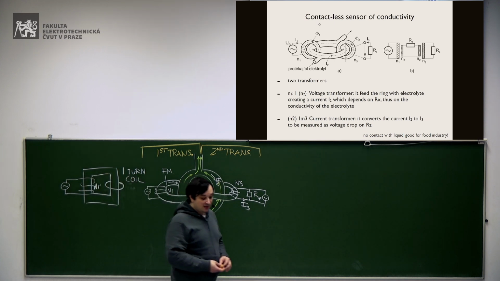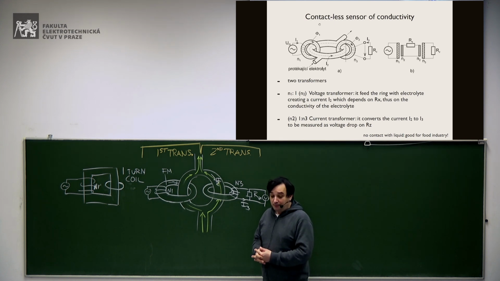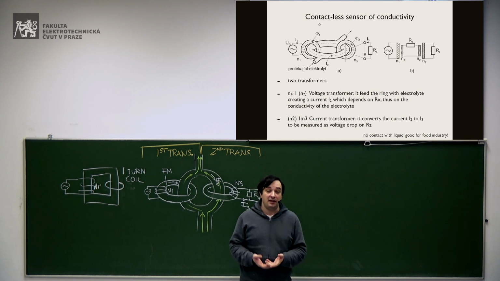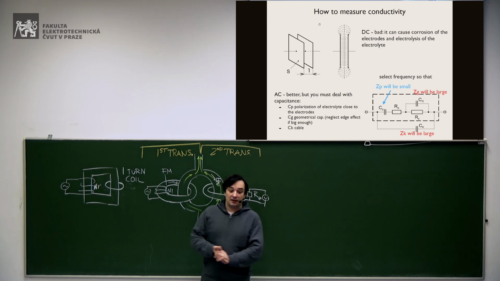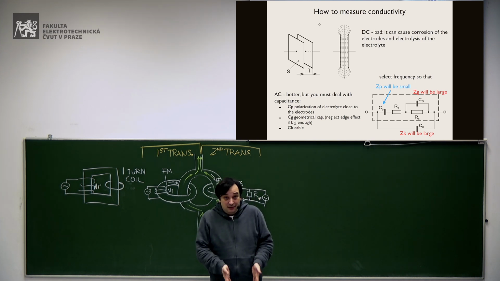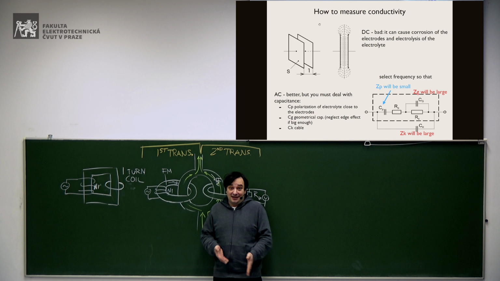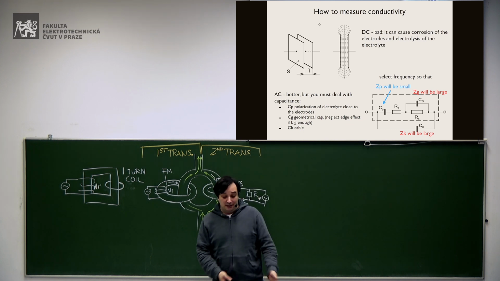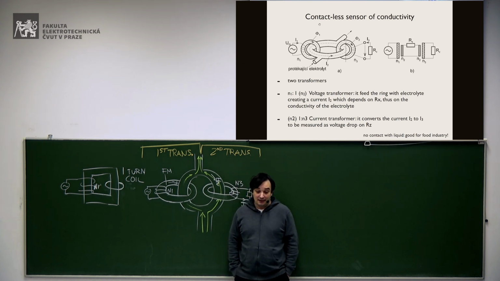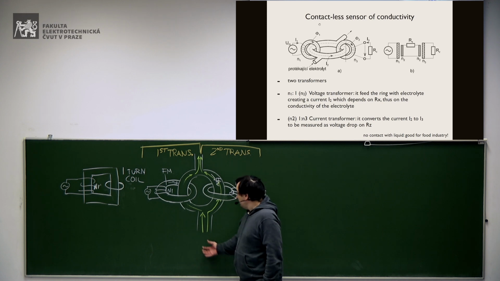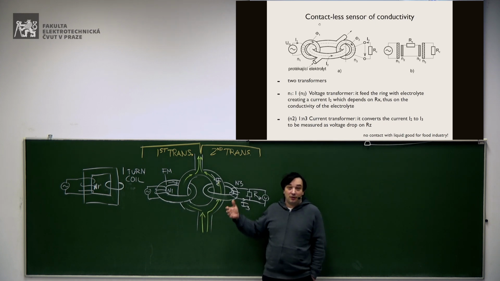What is the advantage of this system? The advantage is that basically there is no contact with the liquid. In the previous examples, we have seen that we always have the electrodes inside the liquid, and we have seen that sometimes it's kind of nasty because it can generate chemical reactions you really don't want. In this case, on the contrary, you just have the electrolyte running in these tubes, in this ring, and you just use a contactless method.